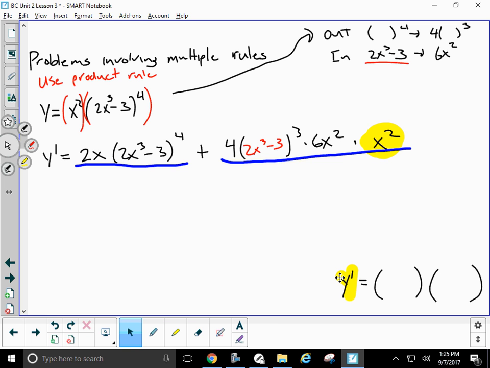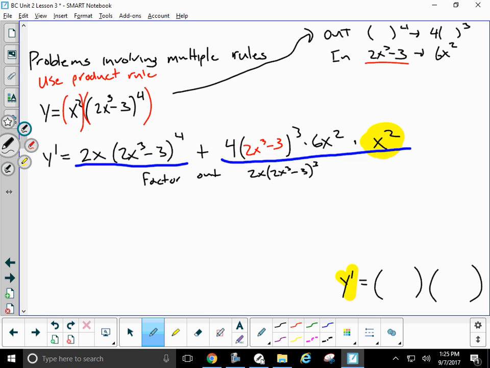So I notice what they have in common, and then I realize, okay, to simplify this, I'm going to have to factor out 2x times 2x cubed minus 3 cubed. And again, think about dividing when you're factoring. You're dividing out these terms so that the rest is like a product of that, gives you your original. Okay, so I factor out 2x cubed minus 3 cubed.